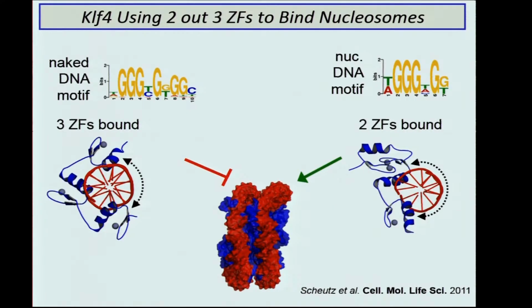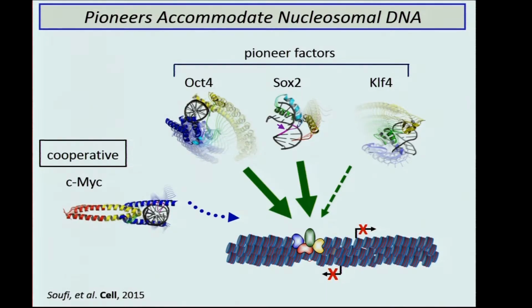If you look again at the crystal structure, KLF4 has three zinc fingers. When all three zinc fingers are bound, it binds the full motif. When only two zinc fingers are bound, it leaves more space so it can bind to nucleosomes and only recognize a 6 nucleotide motif.